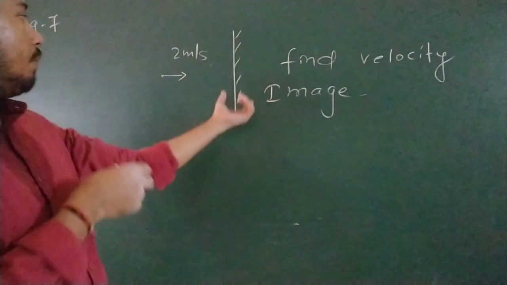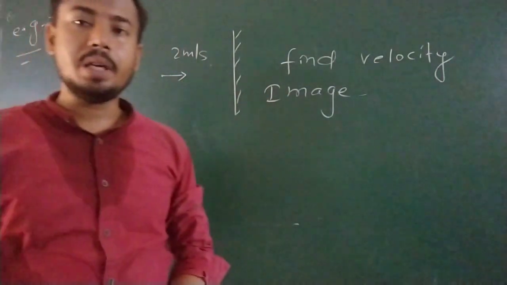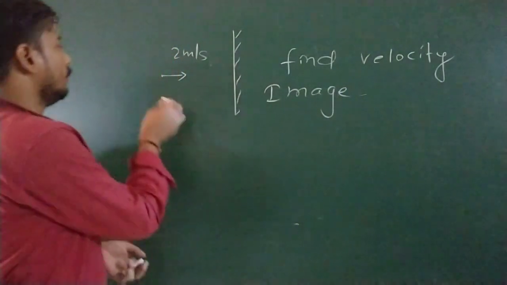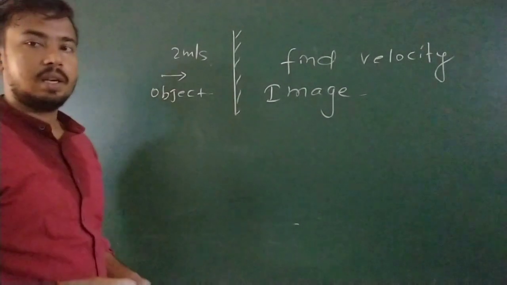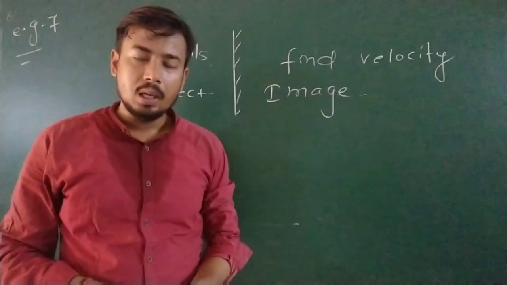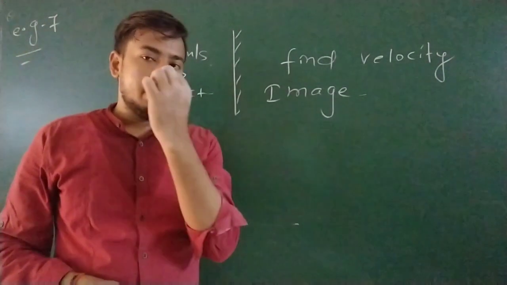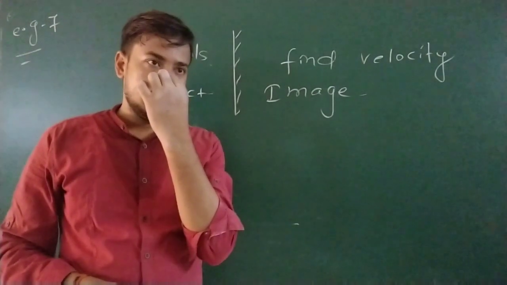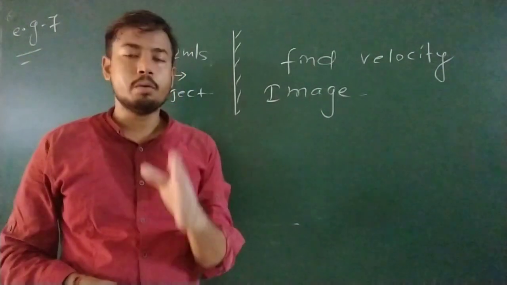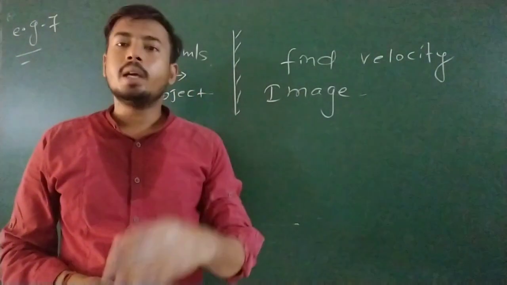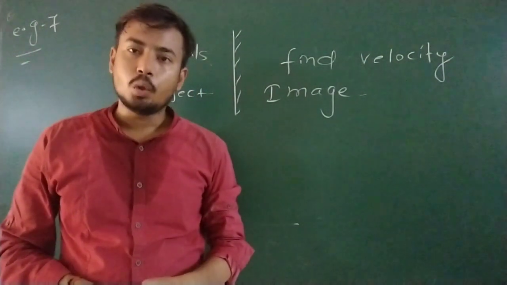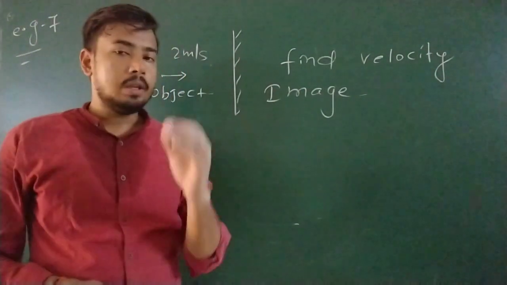Here, this is a mirror, and the object is coming with speed 2 meter per second. Then find the speed of image. Yesterday I told you, whenever you are going to discuss a velocity problem, you have to take two components: one perpendicular to the mirror and another parallel to the mirror.